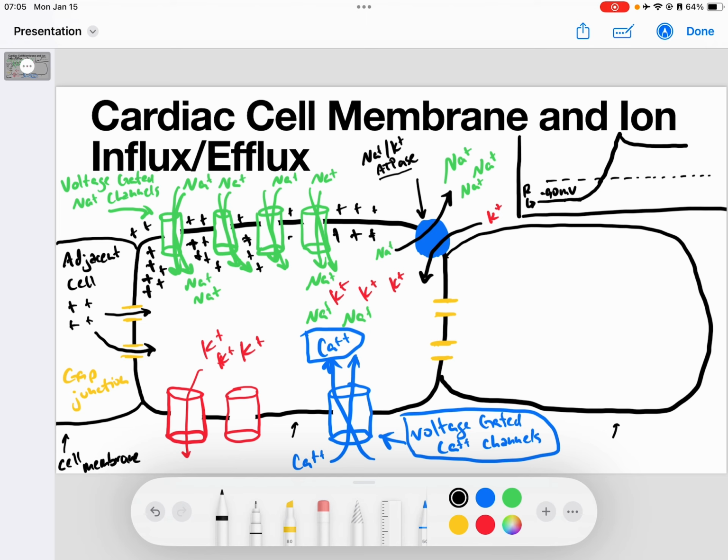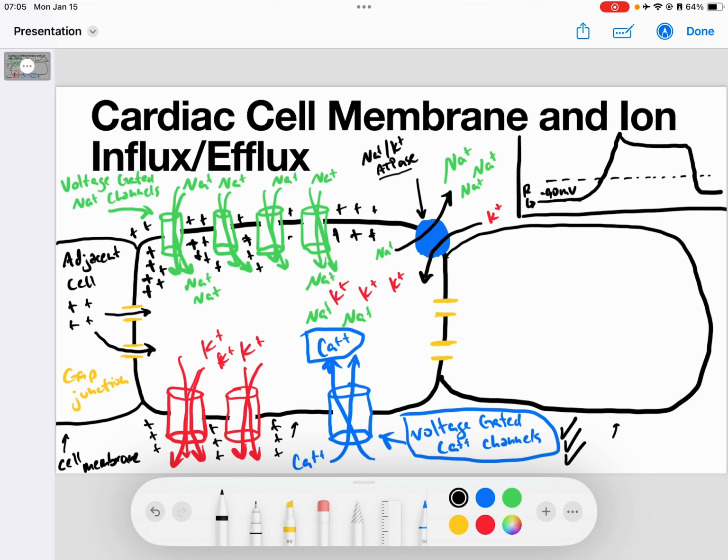And then, once the voltage-gated calcium channels have completed their work and they're done sending calcium in, we continue to get more and more potassium coming out of the cell, which is then going to bring our positive ions back outside of the cell. And that's going to bring our membrane potential back more negative until it flattens back out.